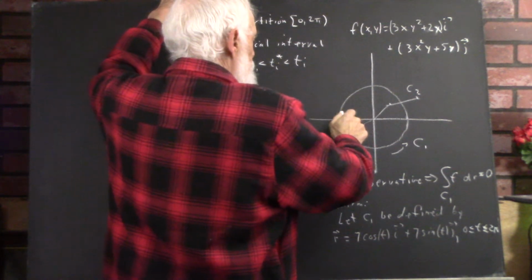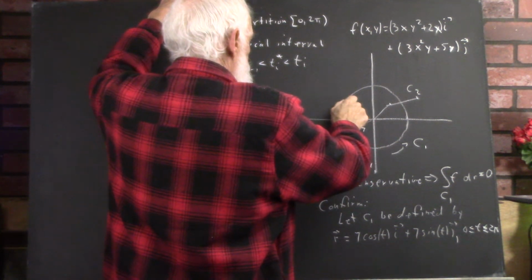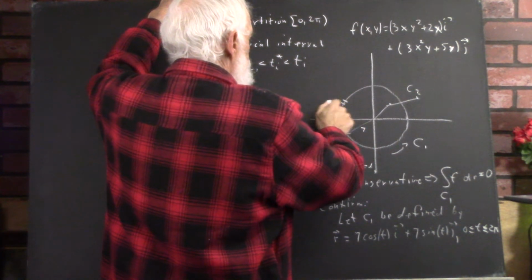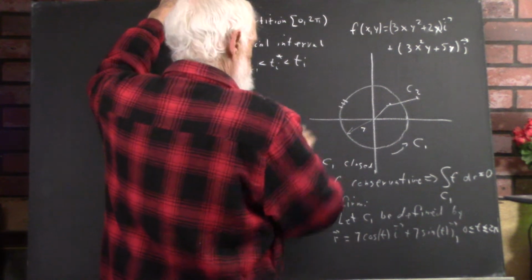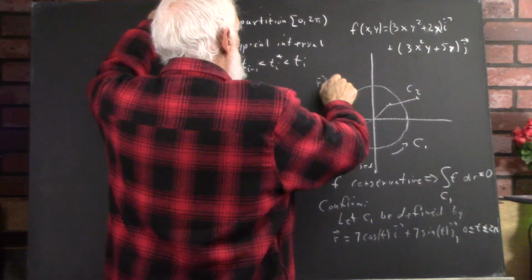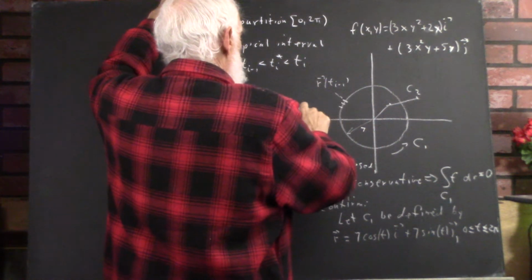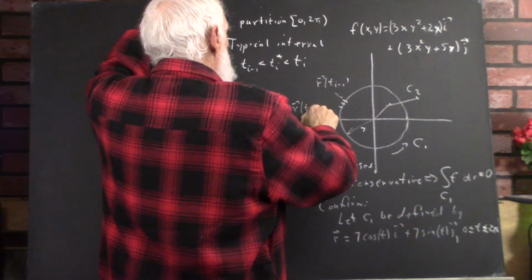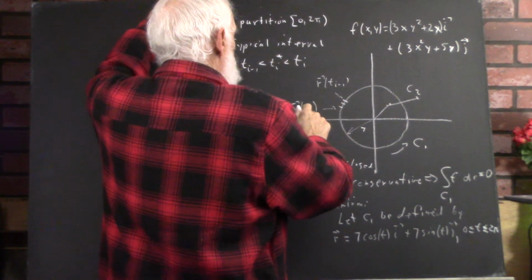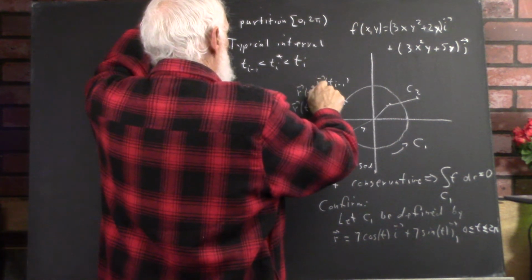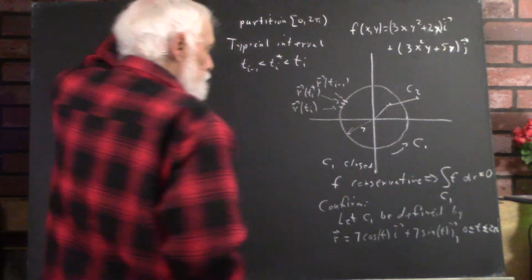So that's some interval out here corresponding to r of t i minus 1, which would be this point, r of t i, which would be this point, and r of t i star, which is this point.